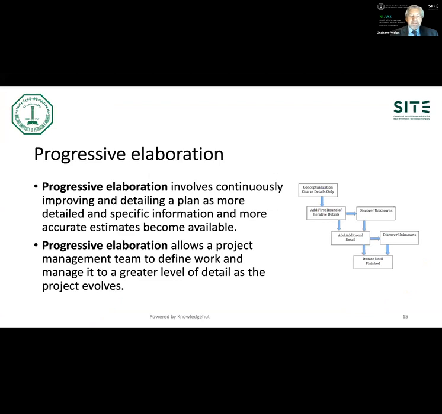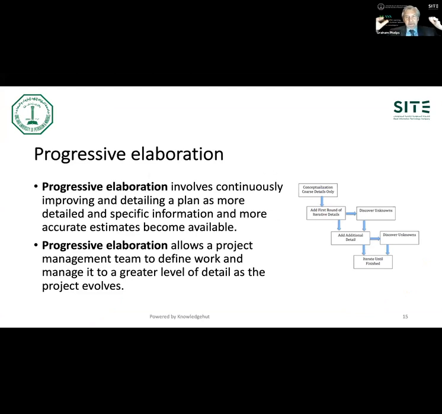Now, progressive elaboration is a strange expression, but what it means is that as a project manager moves into a project, you will uncover increasing levels of detail. Imagine an upside down pyramid, if you will. So you start out very broad. This is what we're looking to achieve.